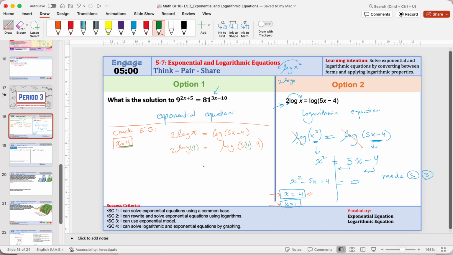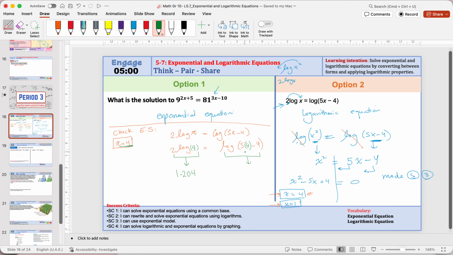Now how do we do that? Take this separately in the calculator. Please make sure to keep the brackets closed. 2 log 4, close the bracket. This side I got 1.204. Now do the same for this one. You evaluate each side separately and check whether they are equal. That's it. This is how you check extraneous solutions.